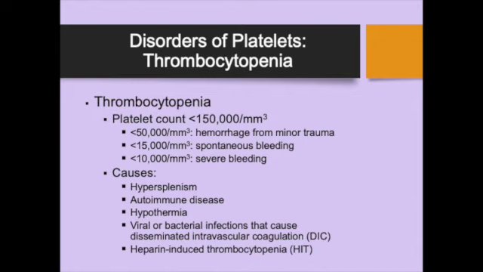Chronic renal failure, bone marrow hypoplasia, radiation therapy, and bone marrow infiltration of cancer can all cause thrombocytopenia. The most common forms, though, of thrombocytopenia result in increased platelet consumption. So think of heparin-induced thrombocytopenia, idiopathic or immune thrombocytopenia, and again, DIC.